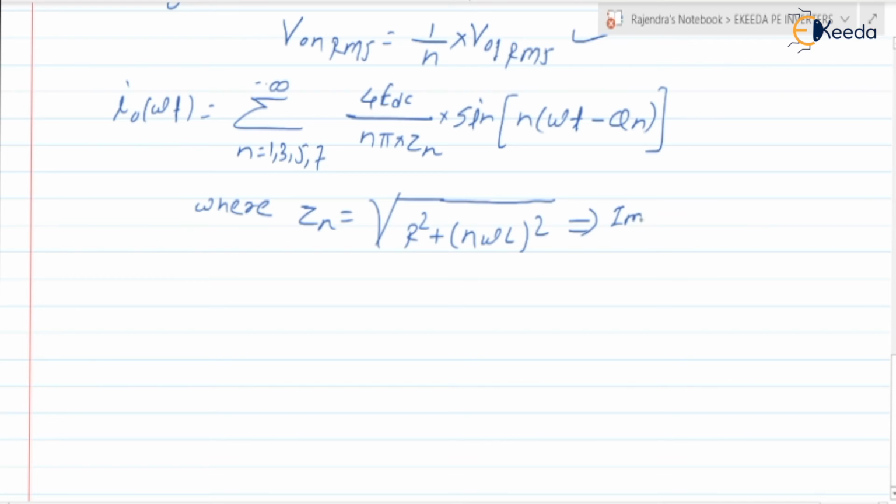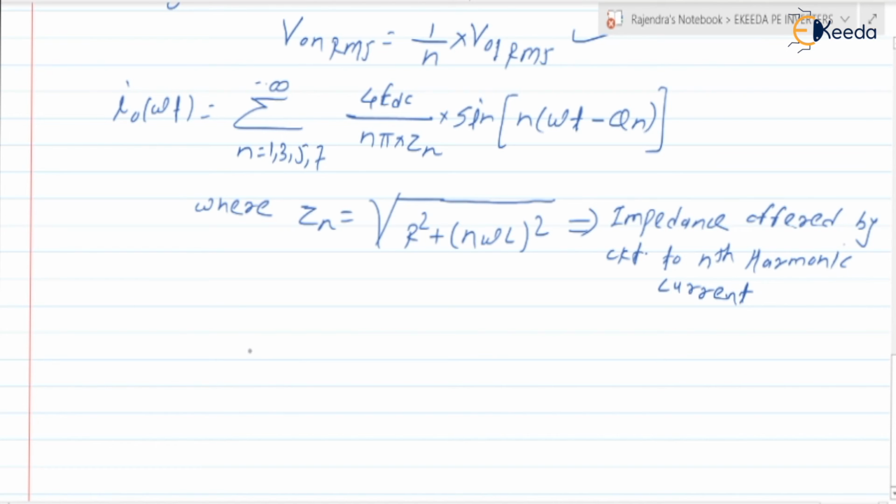It is the impedance offered by the circuit to the nth harmonic current. Please be careful: the frequency of the nth harmonic current is n times the output voltage frequency, or the fundamental frequency, so that's why we need to consider this n into ω.